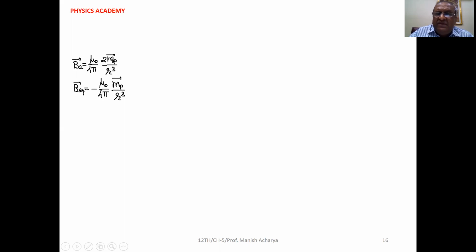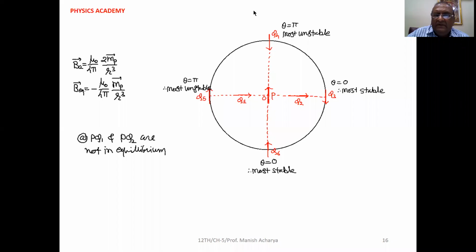So this field will be in the direction of the magnetic moment of P. B equatorial is minus mu 0 upon 4 pi mp upon r cube. This negative sign represents that the field at any point on the equator is in the opposite direction of the magnetic moment. Clear to all of you? Now see the figure.